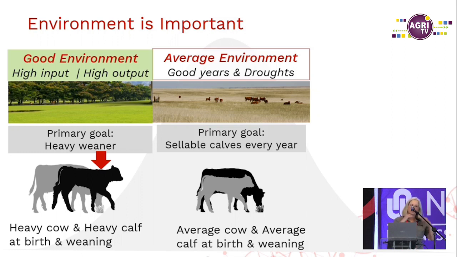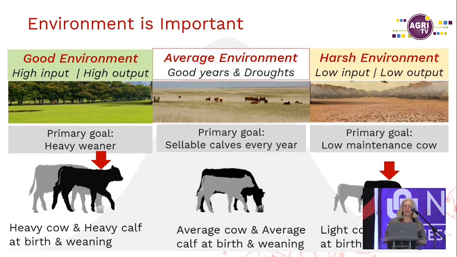So a heavy weaner, but still not too much cow weight, but still an efficient cow, but it will be a heavy calf. But please remember, a heavy calf will come from a heavy cow. So the body mass of the cow will be bigger, but that's fine as long as you're in a good environment and the cow and the calf is heavy as well.